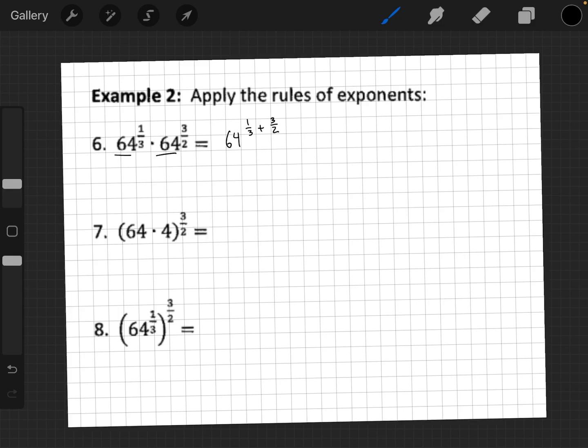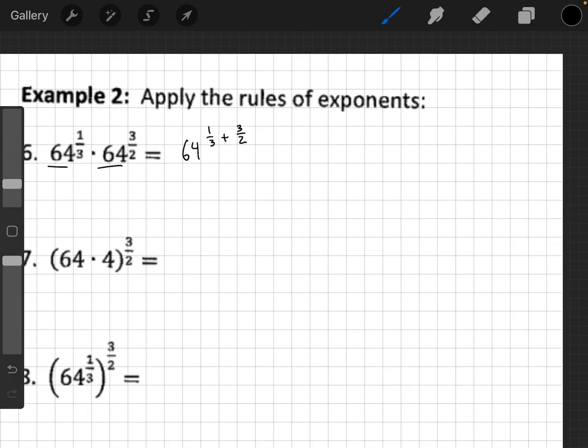And remember, when we add fractions, we'll have to find a common denominator. So if I multiply 1/3 by 2 over 2, we'll get 2 over 6. And for 3 over 2, we want to match this 6.